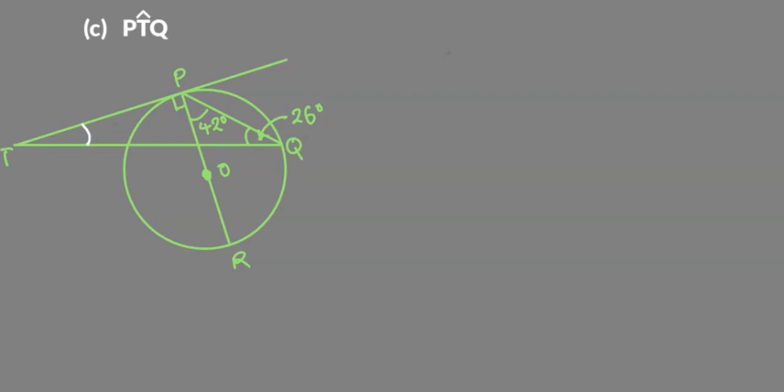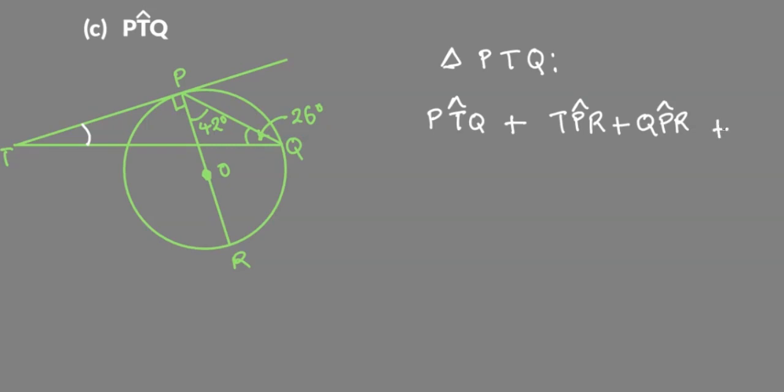What you're going to notice is that we have a triangle. In this triangle, adding up the angle PTQ plus TPR, which is the 90 degrees, plus QPR and PQT or PQS as they've said it, but here we can say it's PQT, there's no problem.